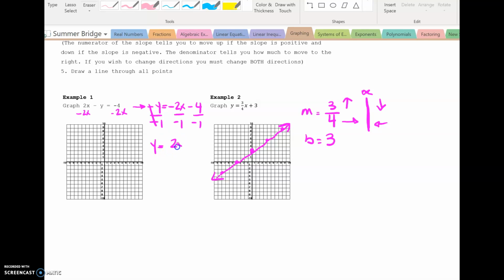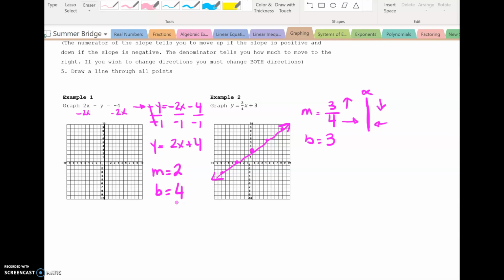So I have y is equal to 2x plus 4. Now that I have it in slope-intercept form, I can find what my m is. The slope is going to be 2, and the b value is going to be 4.